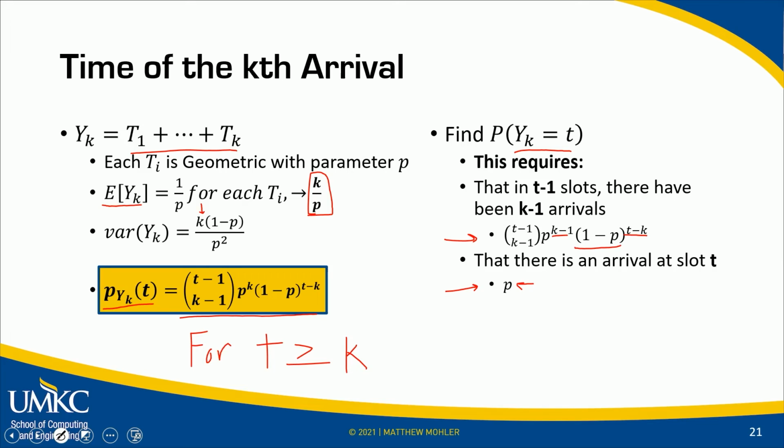Up until we've had k slots, we can't have any probability of an arrival because this equation is no longer valid. We've assumed that there have been k slots. So for all of these slots prior to this, we would have a probability of 0. So if we were to actually draw this out as a PMF of the variable y sub k, we would find that we really have a whole bunch of zeros here for these initial time slots.